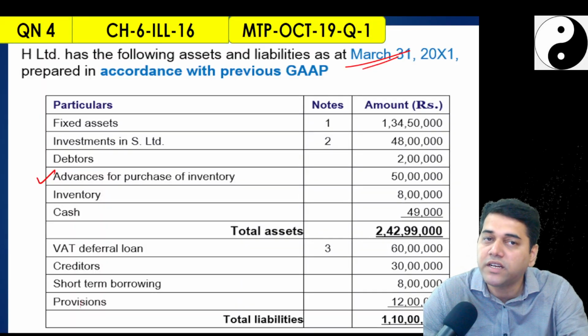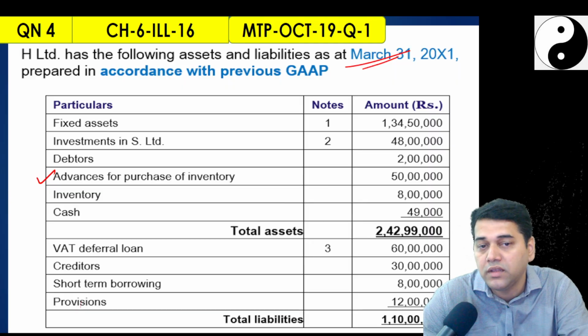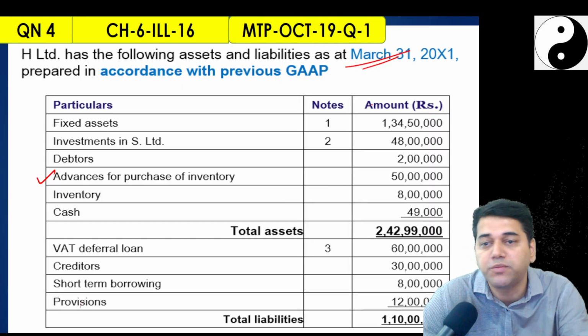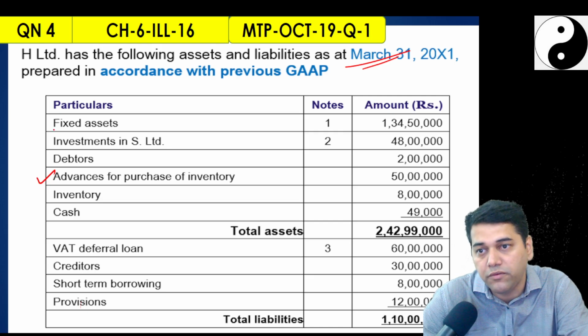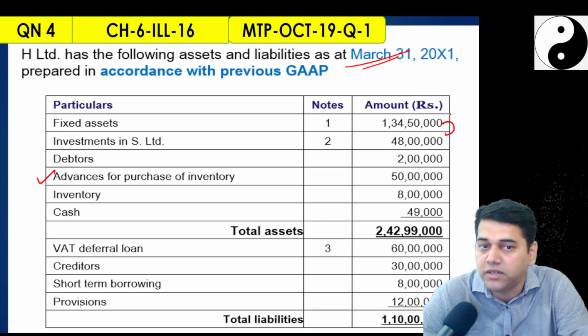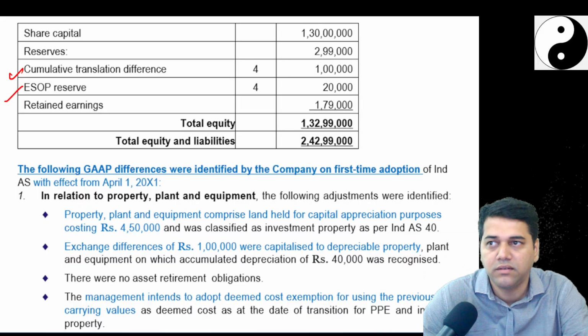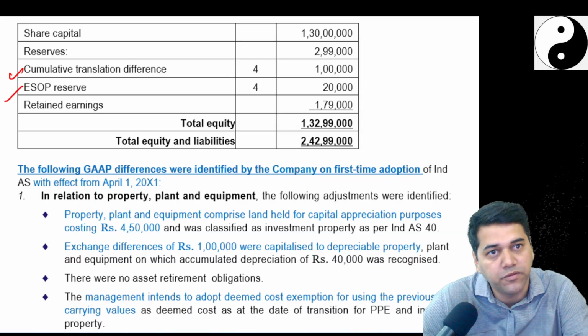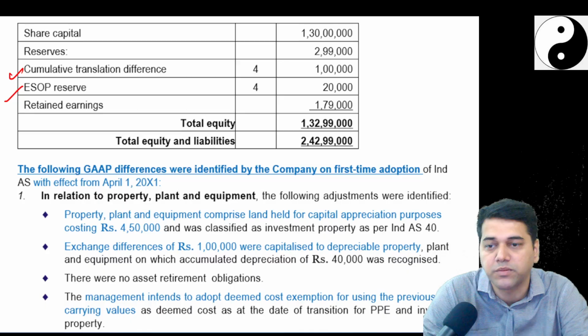And when it comes to assets, it starts with the fixed assets. We call them PPE. Now there is no separate heading called investment property for them, but we have got a new heading now. So we have to bifurcate this from here. We have to pass one accounting entry. What is that? Reclassification from fixed assets or PPE to investment property.